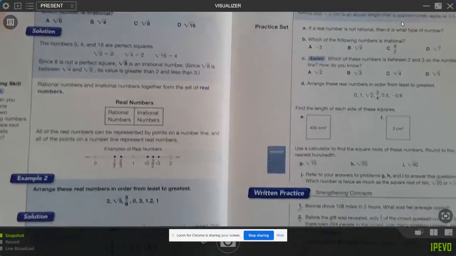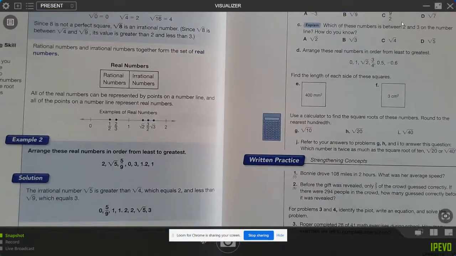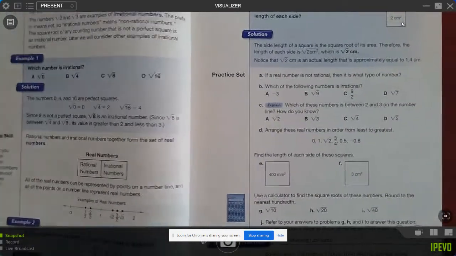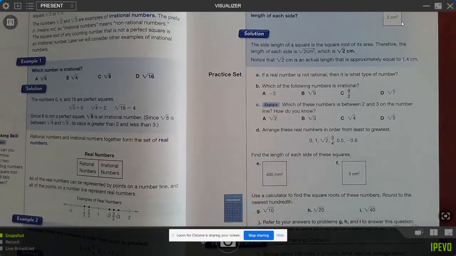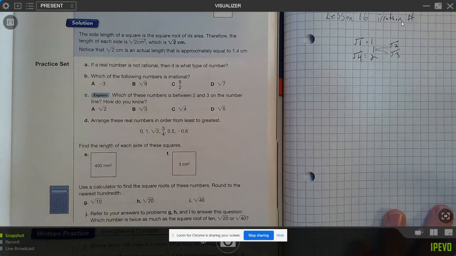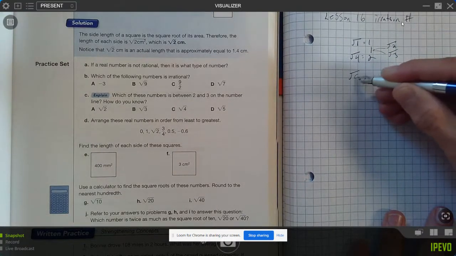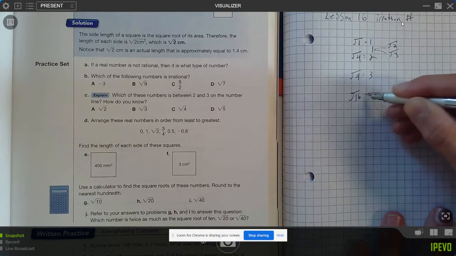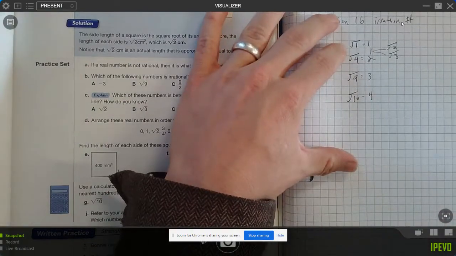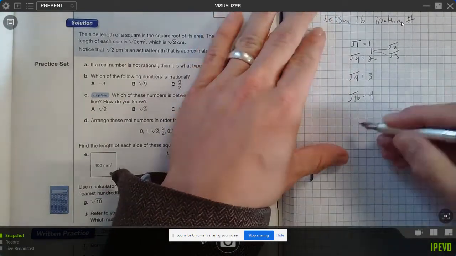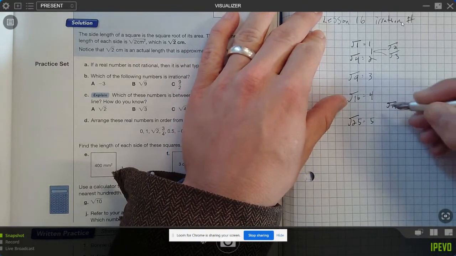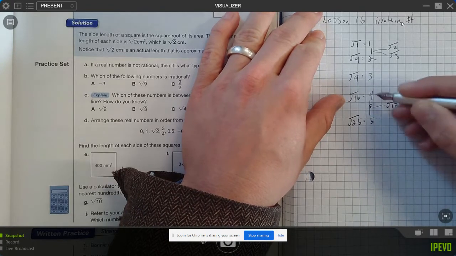Here, all it's really asking you to do, which is nice, is you're not actually being asked to solve any of these irrational numbers. All you have to do is remember your perfect squares, and then realize that any number that comes in between these perfect squares, like the square root of 17, is somewhere in between 4 and 5.